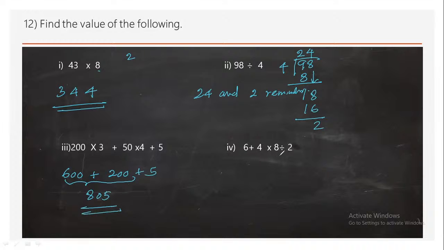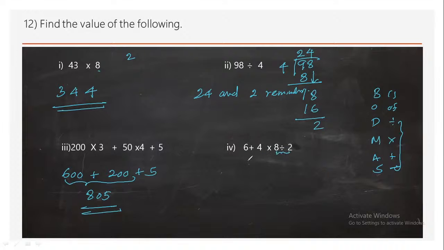This one, plus what we have to do? Both mass, order, bracket, division, multiplication, addition, subtraction. For grade 7 and 6, we concern only the mass, right? Then firstly, you have to do the division.